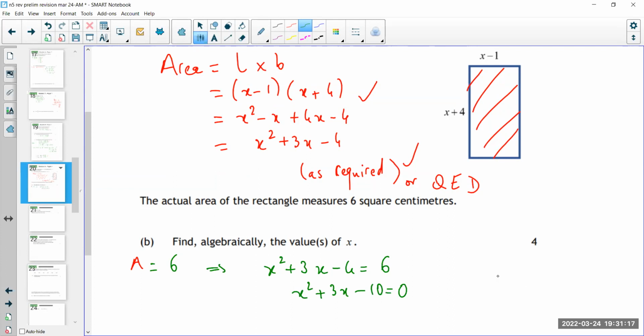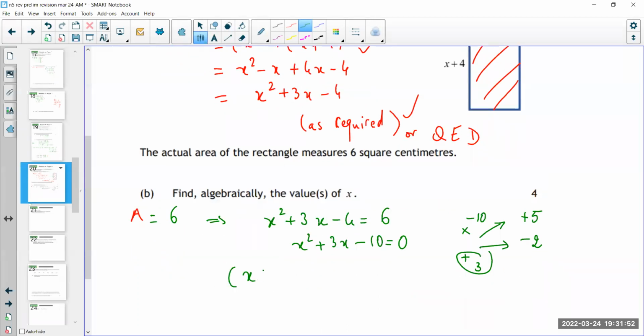If I times them, I get negative 10. So 5 and 2 would do that. And if I add them, I get positive 3. So the bigger of the two is positive, and the other one is negative. And that's how quickly you can do them. Okay. Positive 3 when I add, negative 10 when I times.